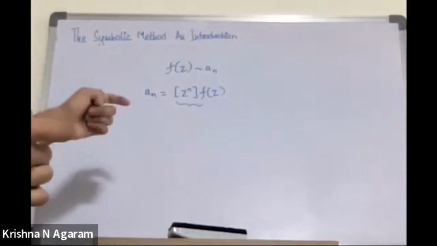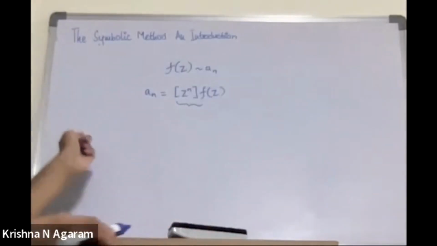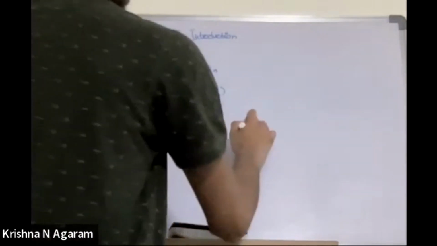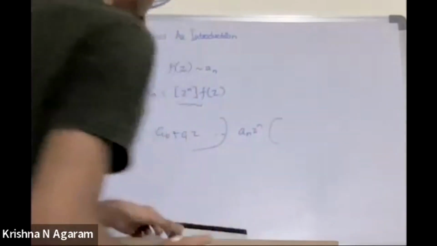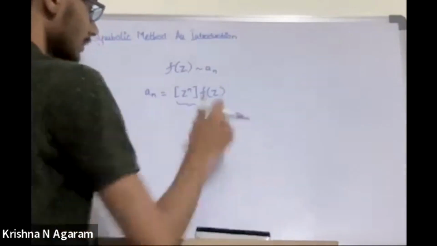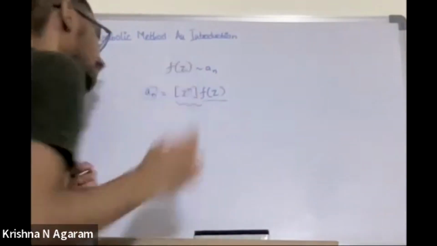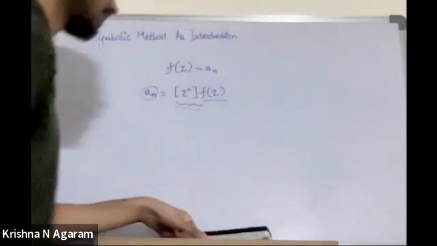The coefficient of z to the n is exactly a_n, because nothing else has a z to the n multiplied with it. It's a0, a1 z, there's only a_n z^n. All of these don't count in z^n. So essentially, if you know the form of f, then you can just find the coefficient of z to the n and that will give you a_n. So in a sense, F(z) encodes this perfectly.